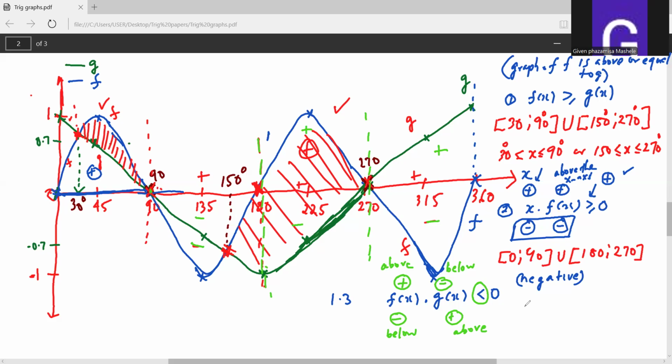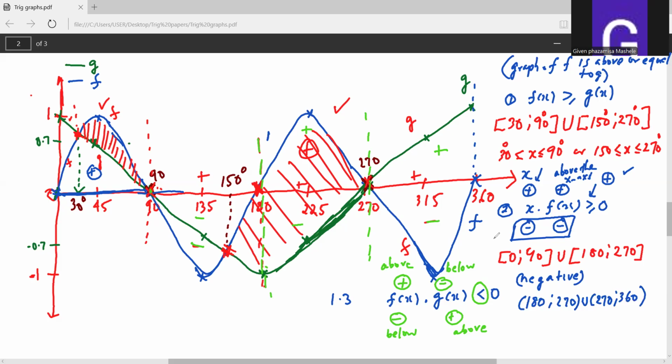We can say, from 180, not including, to 270, or from 270 to 360 degrees.